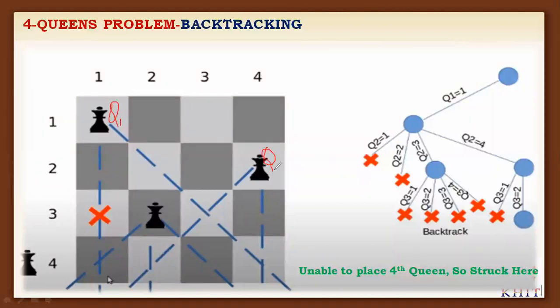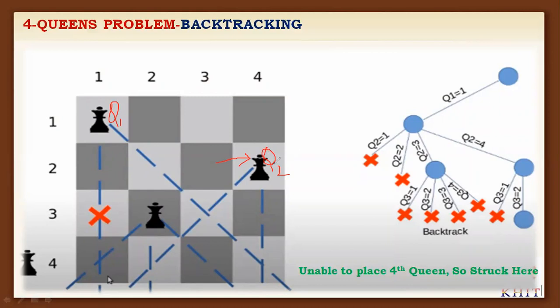The second queen was moved from here to here, so the place was changed. When I apply the backtracking technique, I can go back and move the position of Q2 from here to here. So you keep on changing the value. Okay, so Q2 is already placed.